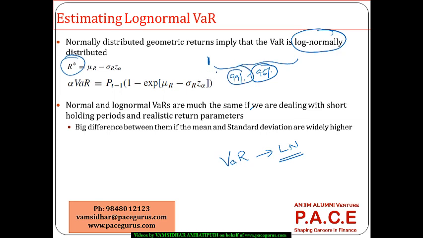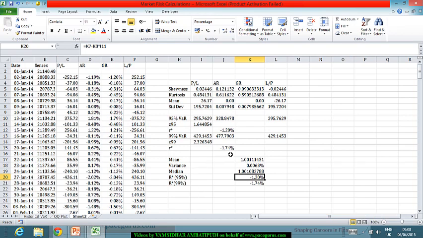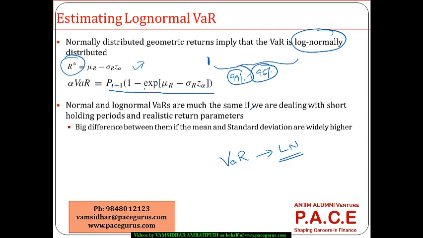Only 1% chance that the return will fall below that. So that comes out to be my R star, and based on the R star, I can go back to estimating my 99% or 95% value at risk simply by doing this calculation.